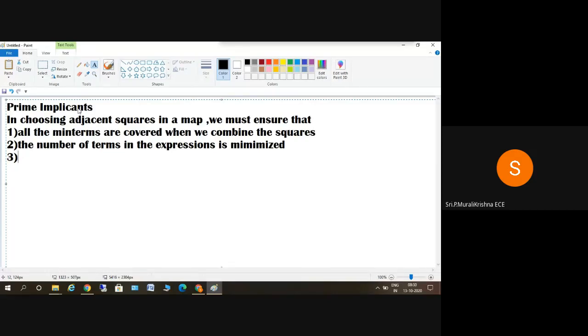While grouping, there should be no redundant terms. I'll give the definition of redundant. There are no redundant terms, meaning there are no minterms already covered by other terms.